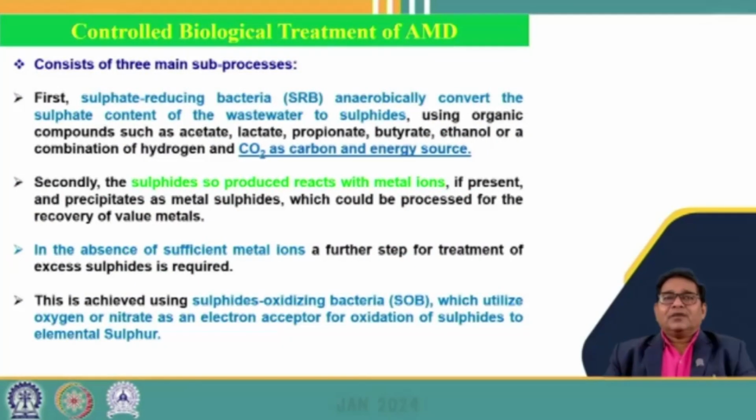Then let us talk about another treatment system, that is the controlled biological treatment of acid mine drainage. So basically this consists of three main sub-processes. In the first process, the sulfate reducing bacteria anaerobically convert the sulfate content present in the acid mine drainage to sulfide using organic compounds such as acetate, lactate, propionate, butyrate, ethanol or glucose.